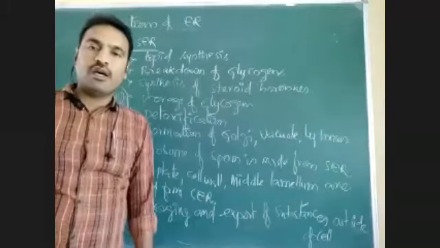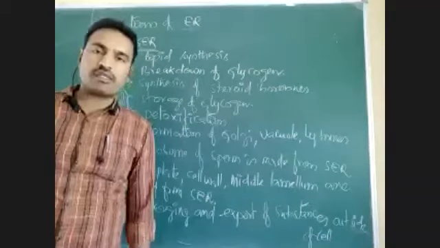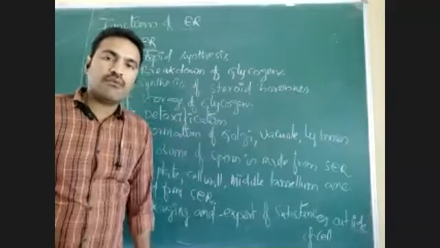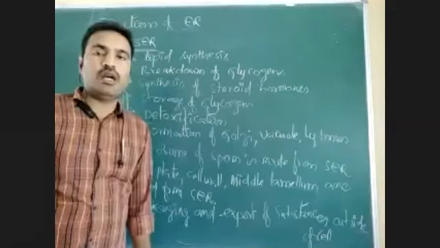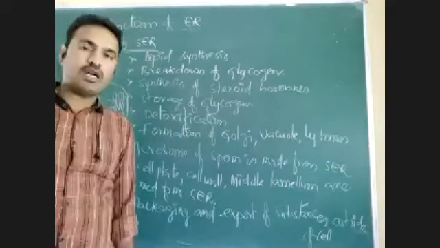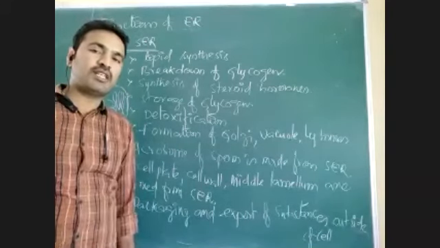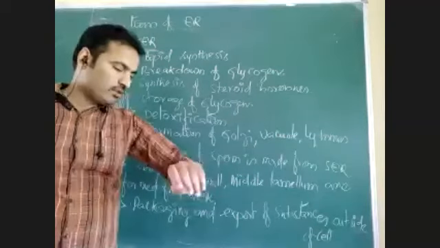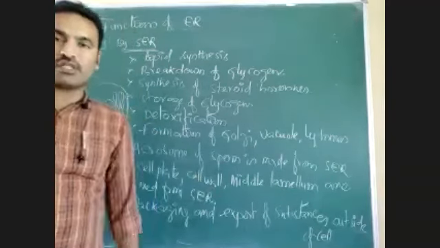It is of two types, RER and SER. It is made up of three parts called cisternae, vesicle and tubule, and that is coined by Foster. The endoplasmic reticulum present in muscle is called sarcoplasmic reticulum. Okay, this is about the properties of endoplasmic reticulum.